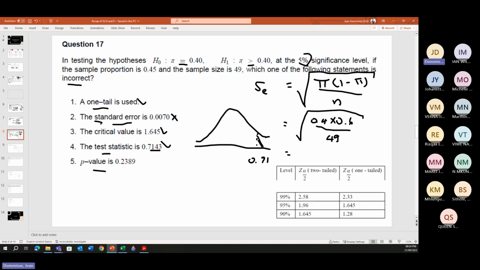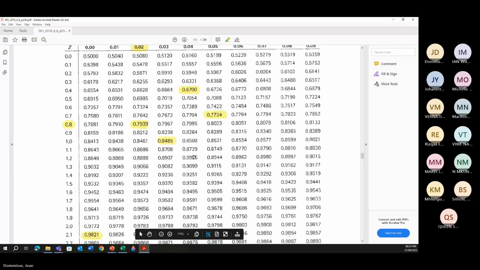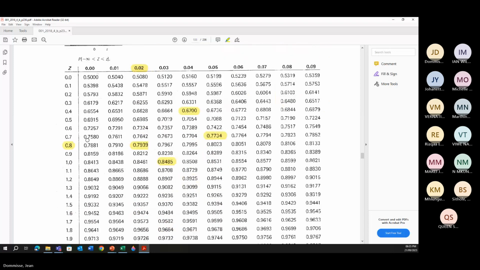This part is the p-value. That would have been the p-value. So we would have gone to the table. We will get this part in the Z table. Then we will subtract it from 1 to get that p-value. So let's do it that way. It was 0.71, which was 0.7611.